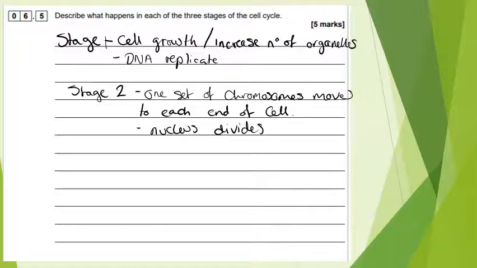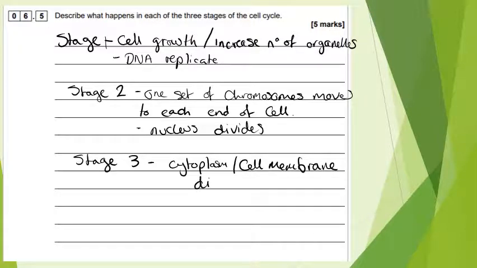And then we're on to stage 3, where we see the cytoplasm, oh, missed an S, there we go, and the cell membrane and everything else beginning to separate and divide.